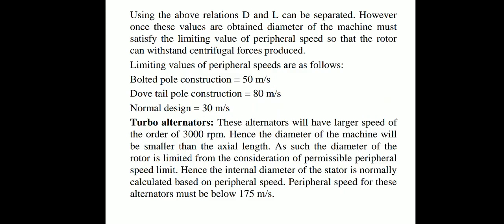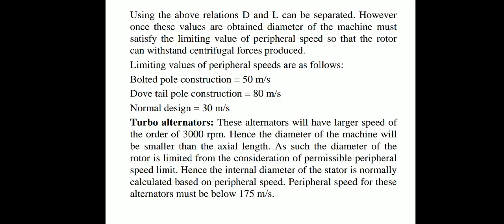Using the above relations, the main dimensions, capital D and capital L, can be separated. However, once these values are obtained, the diameter of the machine must satisfy the limiting value of peripheral speed so that the rotor can withstand centrifugal forces produced.